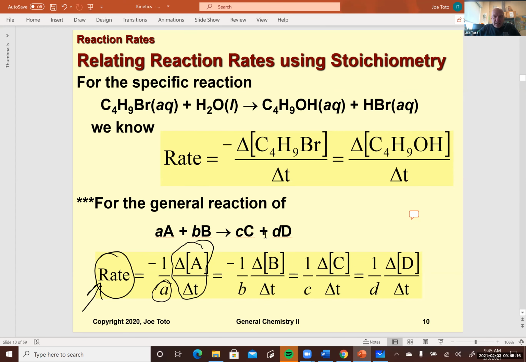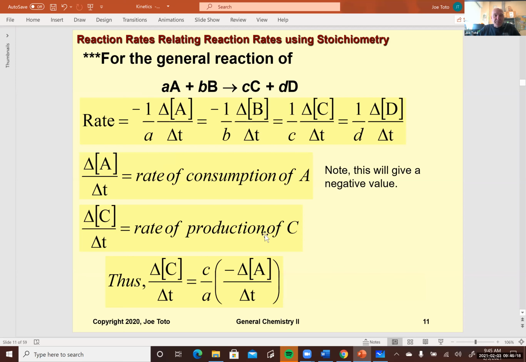Then we said, okay, that's all fine and good. We have to study our definitions and understand what that generalized equation is telling us and how we can relate those rates to each other.